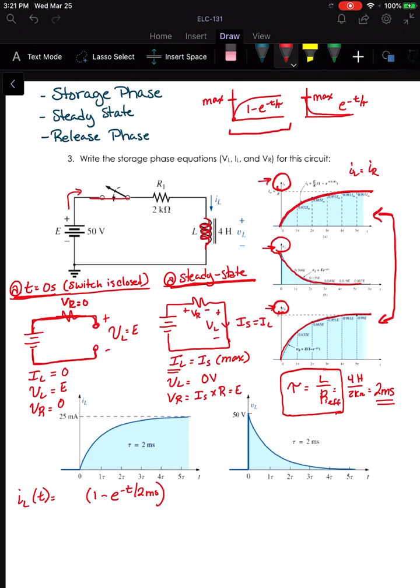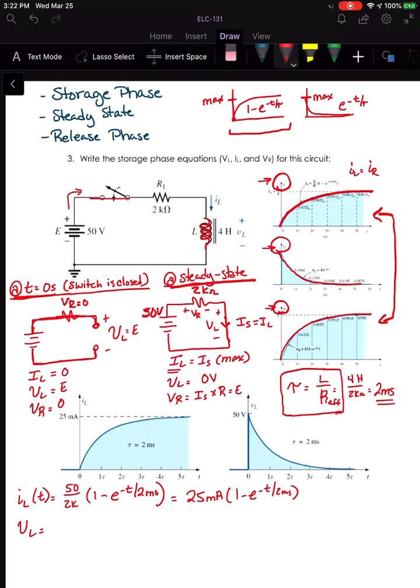And the maximum value that we're going to put there, if you look in this case, when we have 50 volts as our source and 2 kiloohms of resistance, and the inductor looks like a short circuit, then our current is just going to be 50 divided by 2K, or 25 milliamps, 1 minus e to the minus t over tau.